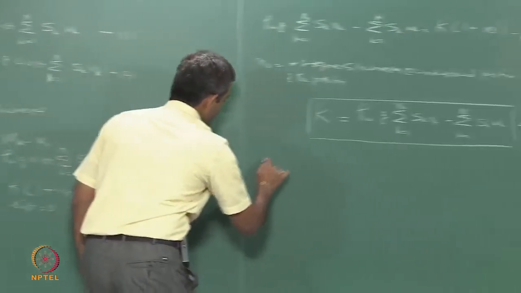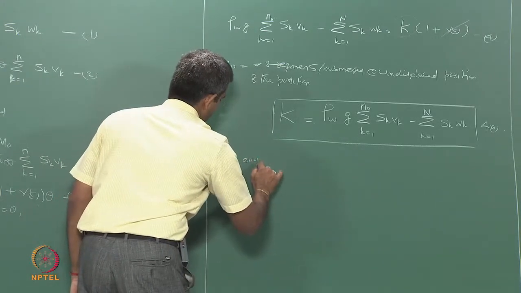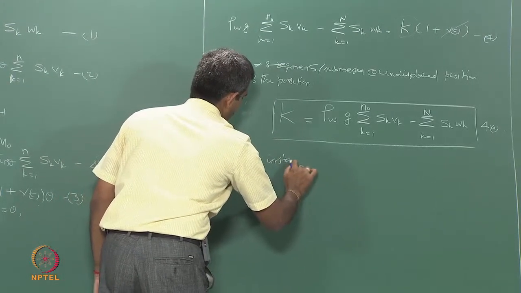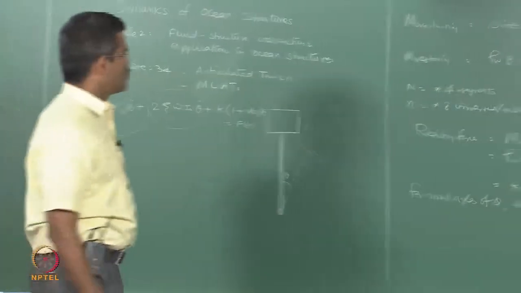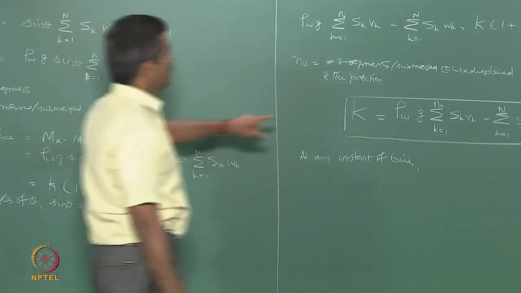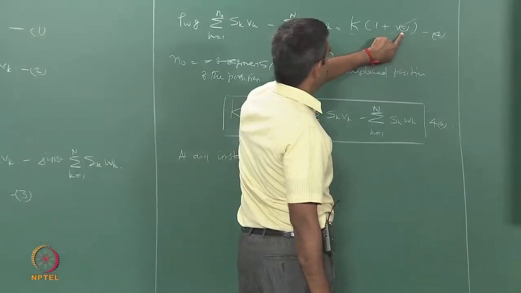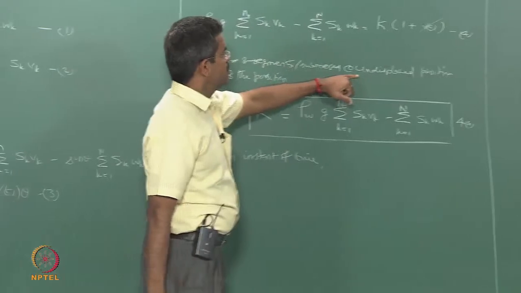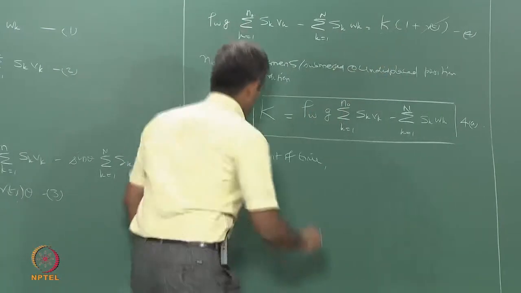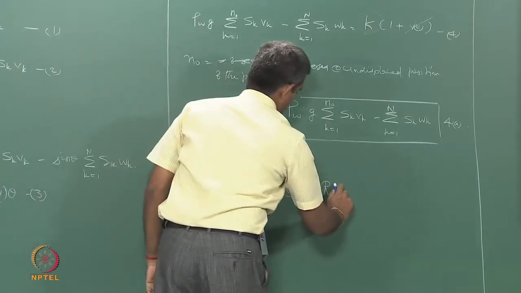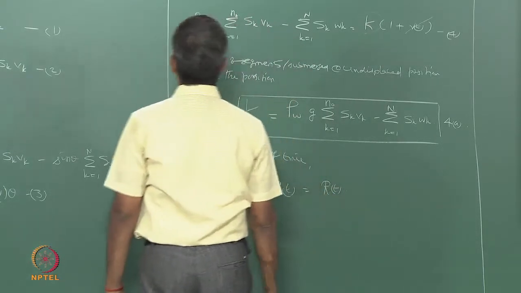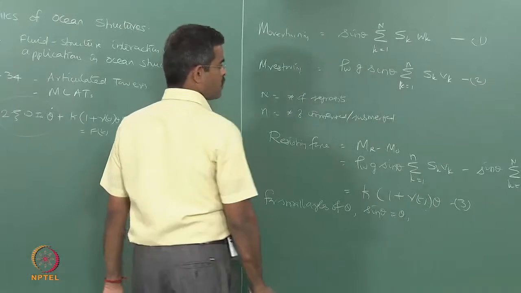Now, at any instant of time, the value of nu of t, initially it is set to 0 because it is the undisplaced position, but at any instant of time it will not be 0. So nu of t can be given by RT. I think we are calling this the restoring force RT.